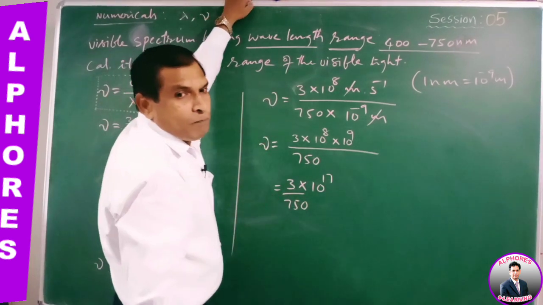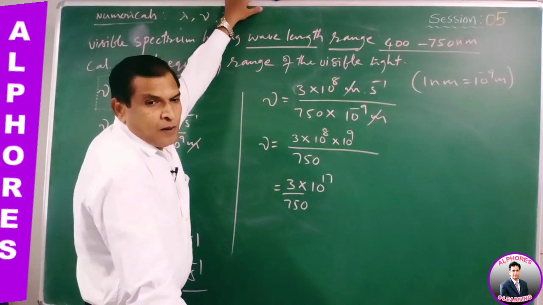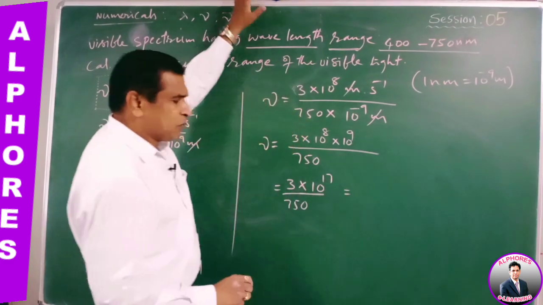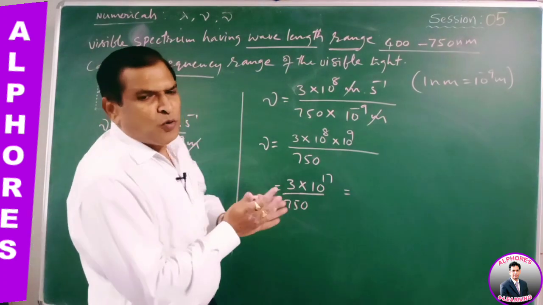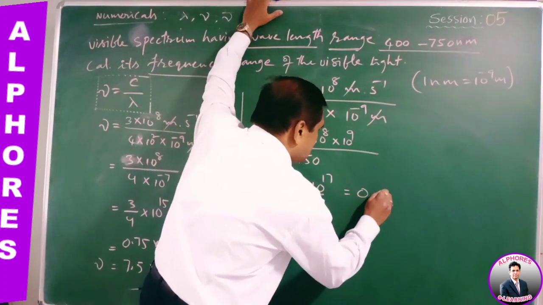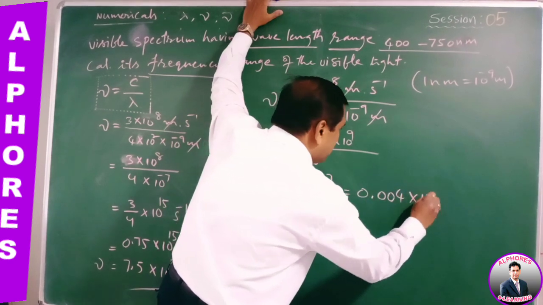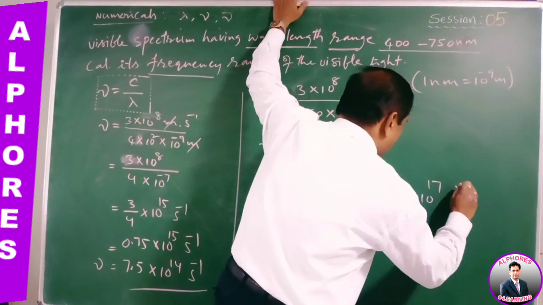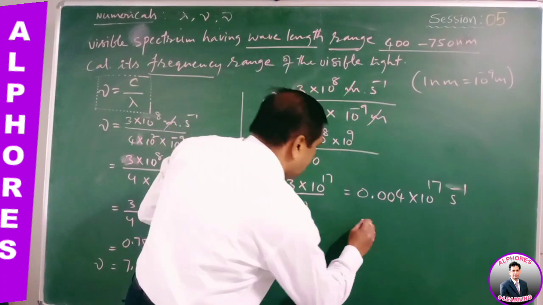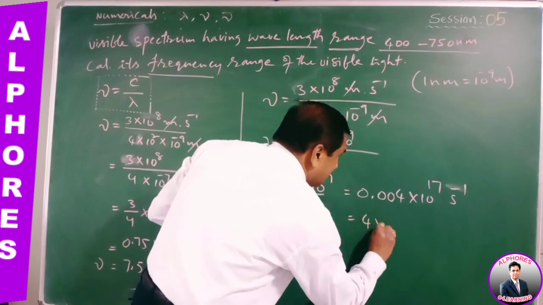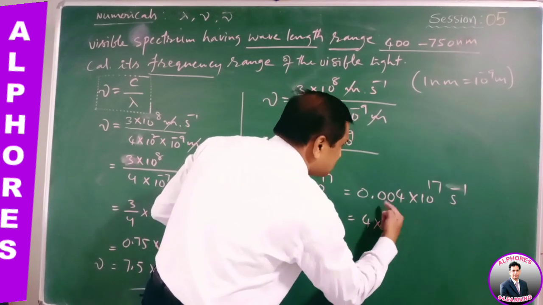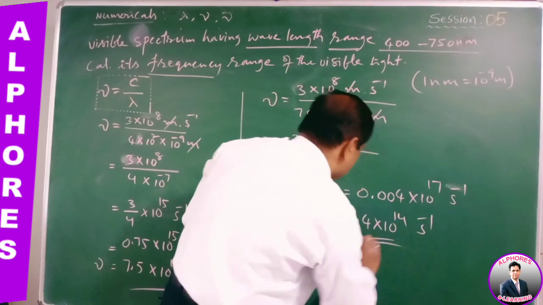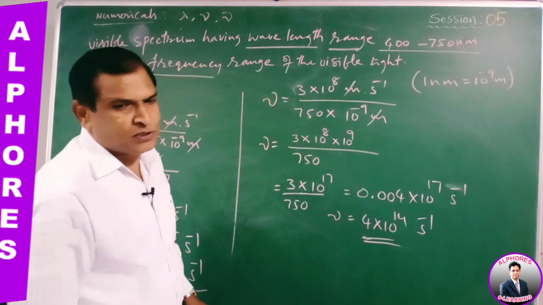From this, the calculation gives 0.004 into 10 to the power 17 per second, or 4 into 10 to the power 14 second inverse, that is the frequency of this light.